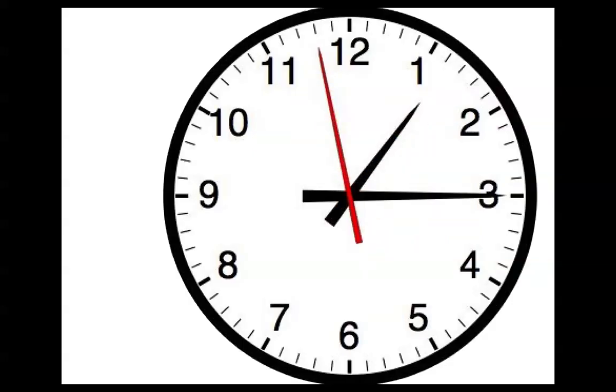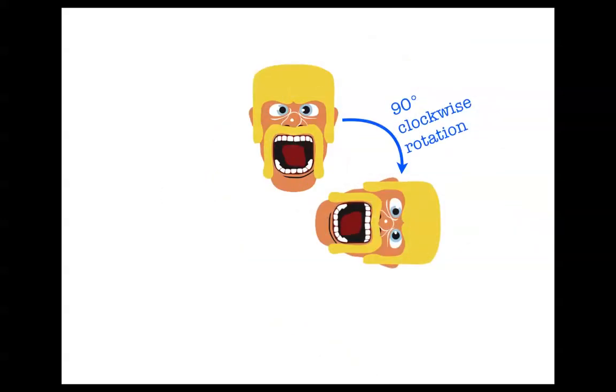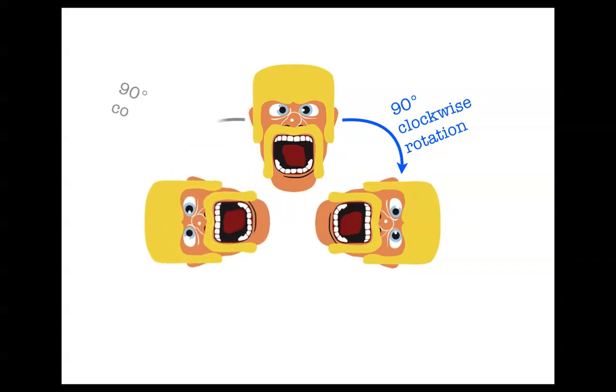So remember clockwise versus counterclockwise? Clockwise just means which way do the hands on a clock go? They go that way. So that's clockwise. Okay? Can you spin this image 90 degrees counterclockwise? Sure. This would be a counterclockwise 90-degree rotation.